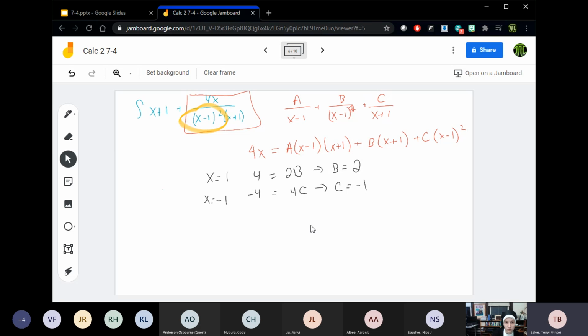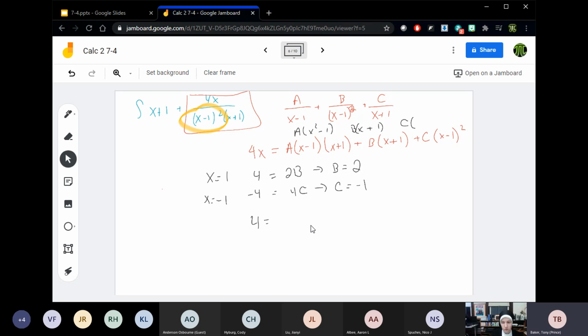So if we're looking at that x, 4 has to be, this one was going to be a times x squared minus 1. And then b times x plus 1.